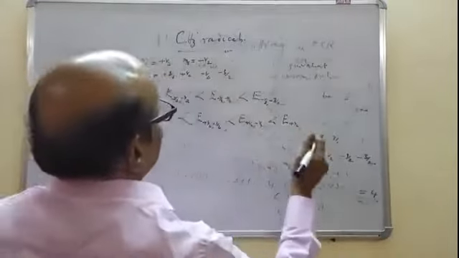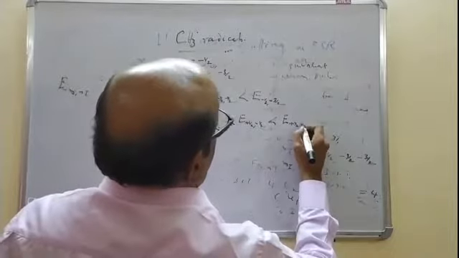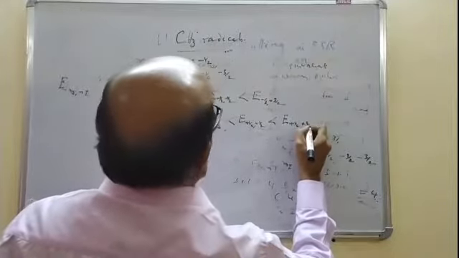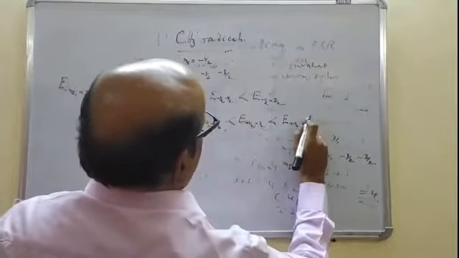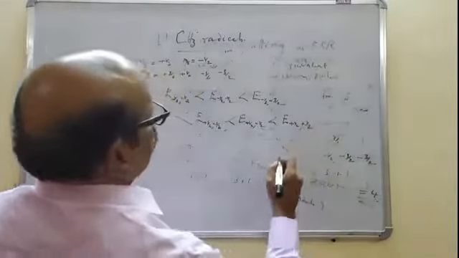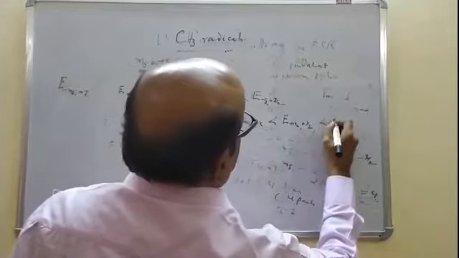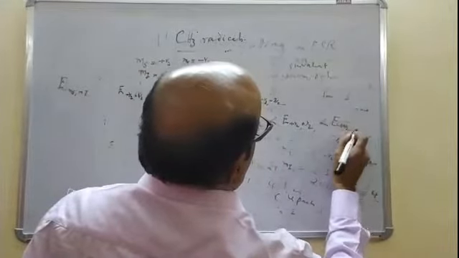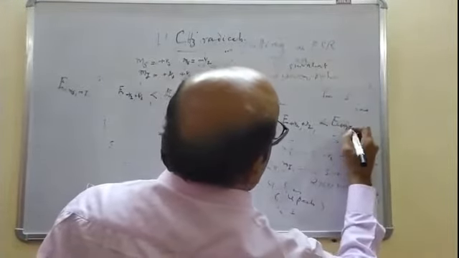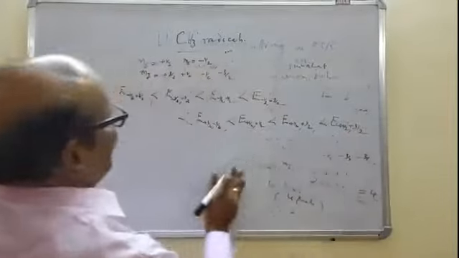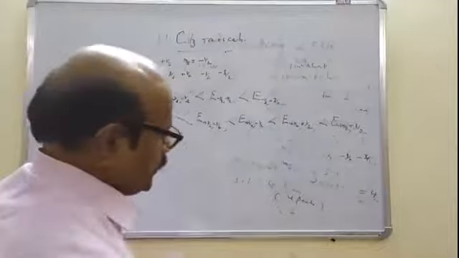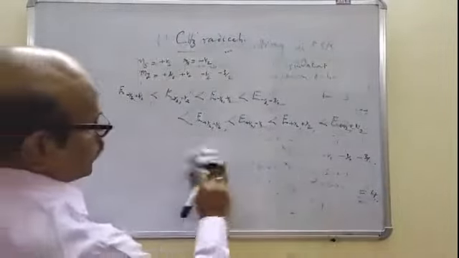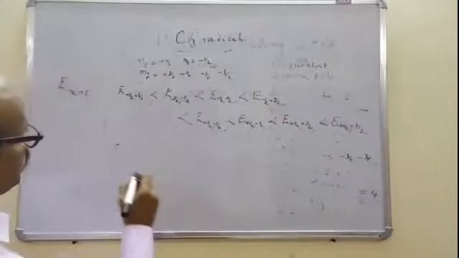Okay, E plus half, then plus 3 by 2, then E plus half, comma, plus 3 by 2. So there are 8 energy levels possible, and this can be represented like this; let us try to represent it here.